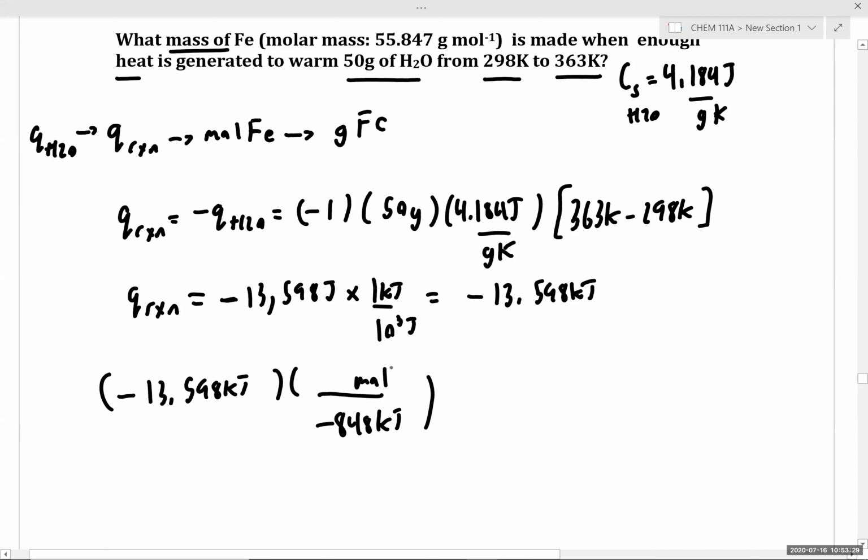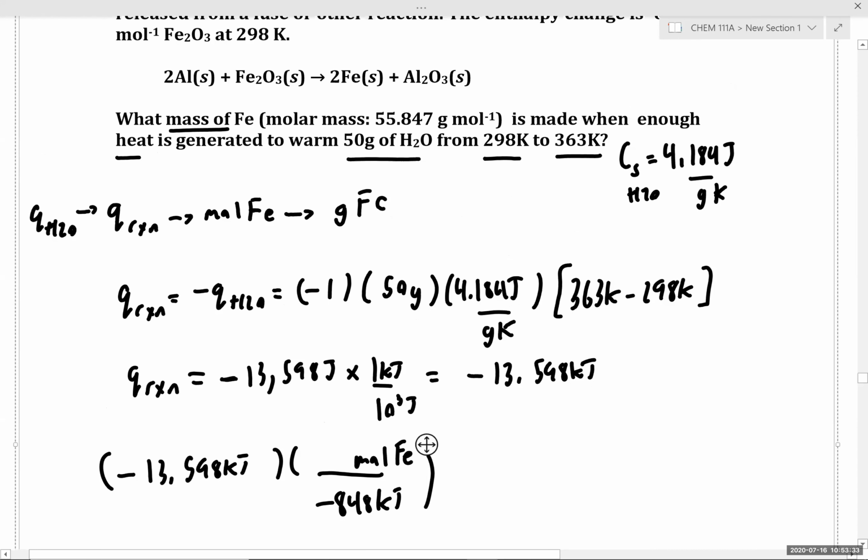And how many moles of iron are reacting in our thermochemical equation to generate that 848 kilojoules of heat? How many moles of iron are reacting? Two. Yep, perfect.